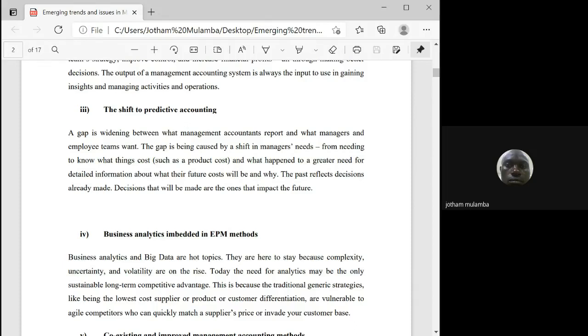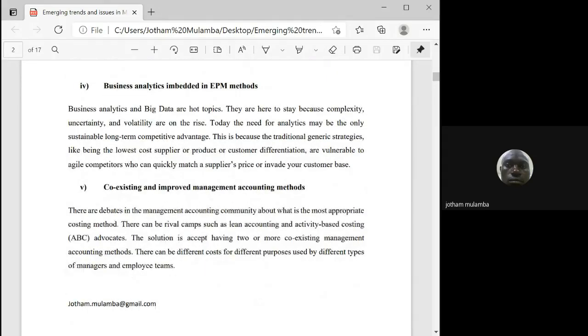Then number 4, we have business analytics embedded in enterprise performance management methods. Nowadays we have big data in our system, big data in our organization.